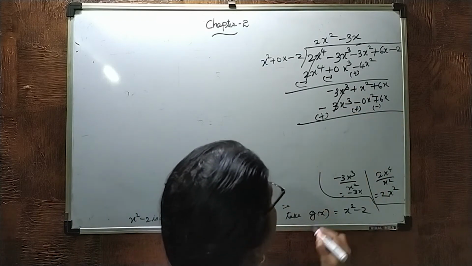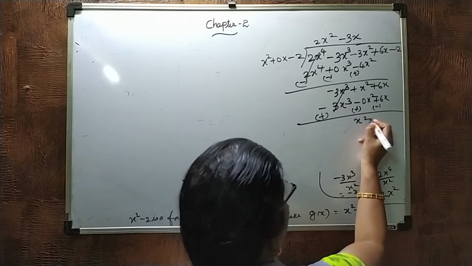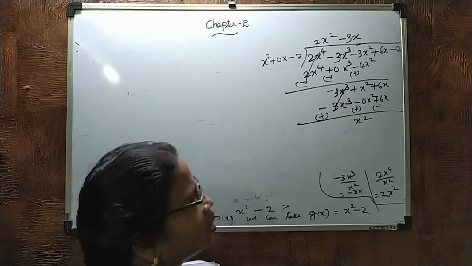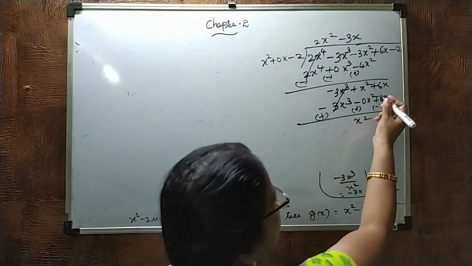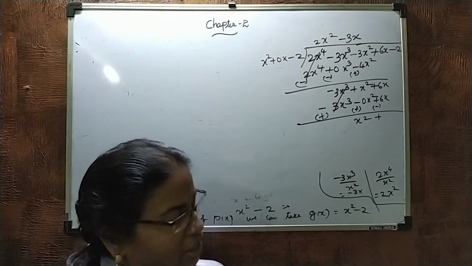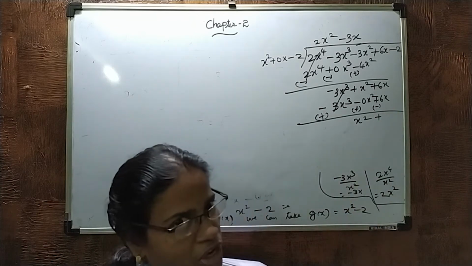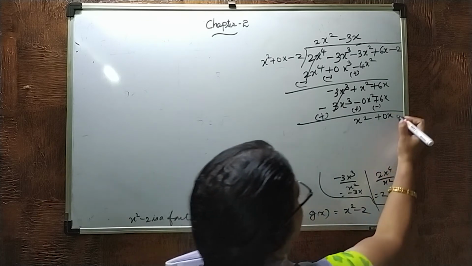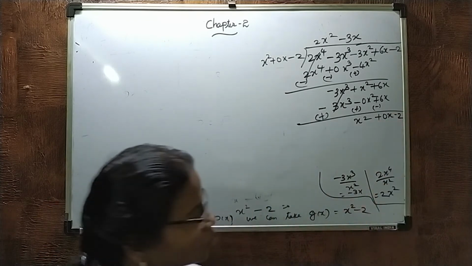Here it is cancelled. x^2, right? 1x^2 plus 0x^2, it will be 1x^2. Then here it will be plus 0. Here we can cut because it's the first one. Here in between, if 0 comes, you have to write it. So plus 0x, and then next number is minus 2.